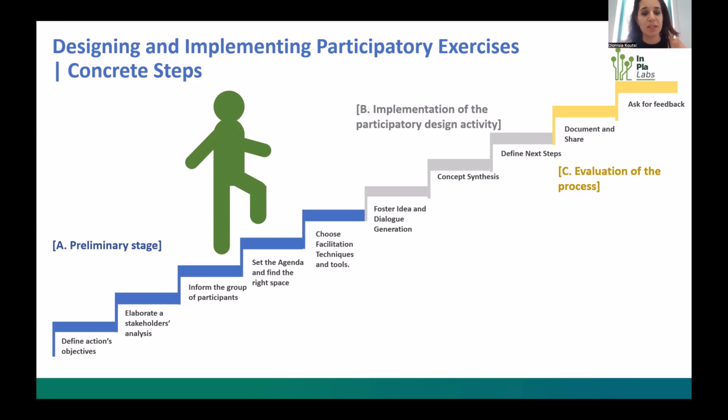Then we set the agenda and find the right space. It's important to know the timing, understand how much time we need for mapping, how much time we need for visioning, and set a very detailed program on the methods and tools and everything that we may need in order to make sure that our participatory project is set in a detailed way.